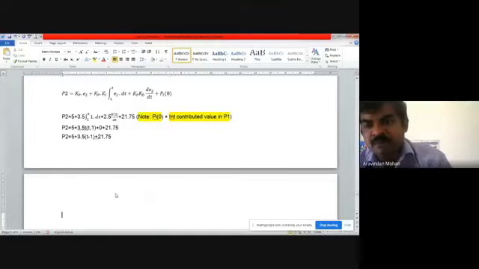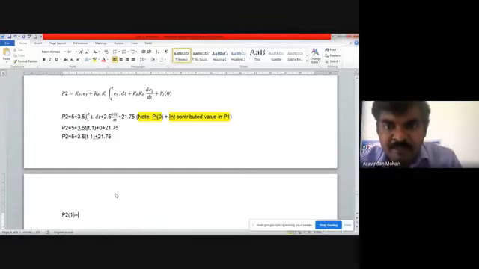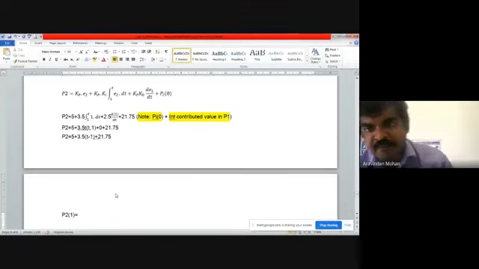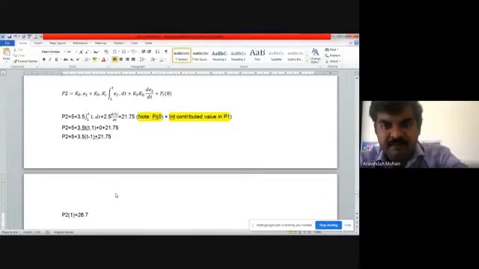Now as usual we have to find out the controller output value for two values. One is for P2 of 1. P2 of 1 is equal to 5 plus 3.5 into 1 minus 1, it becomes 0. So that whole term becomes 0, and then 5 plus 21.75 will be equal to 26.75 percentage.